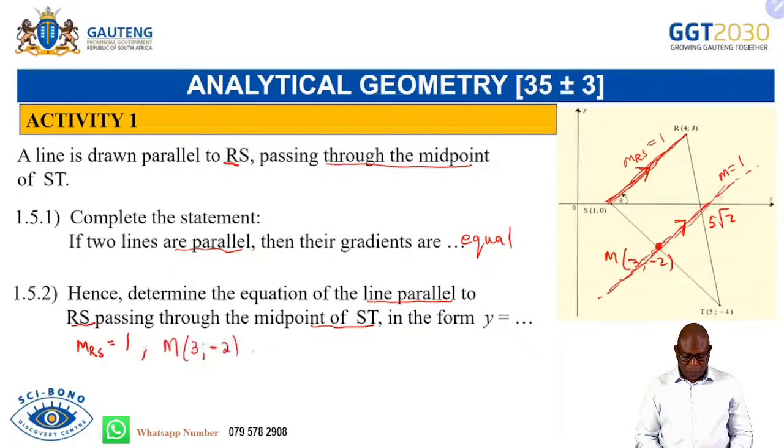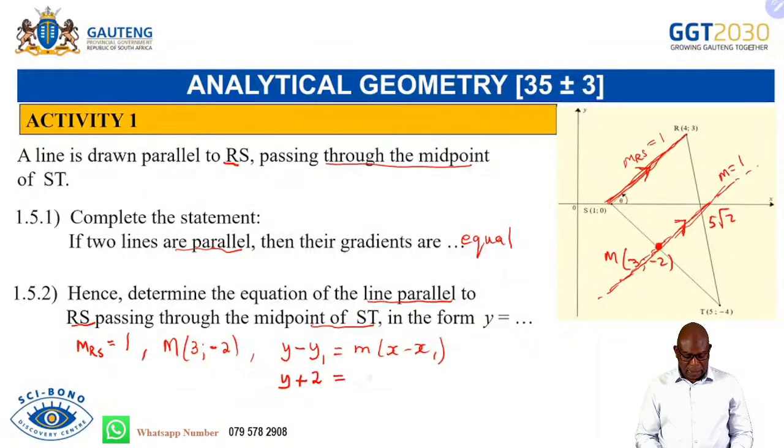My formula will be y minus y1 equals m into x minus x1. Right. So I then substitute the values. My y1 is going to be minus 2, so it will be negative, negative, which will be plus 2.